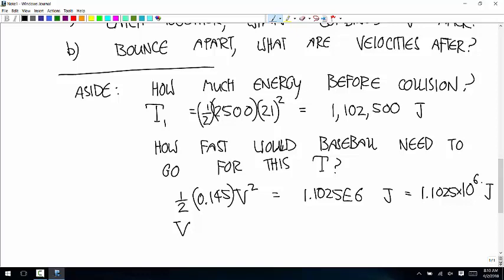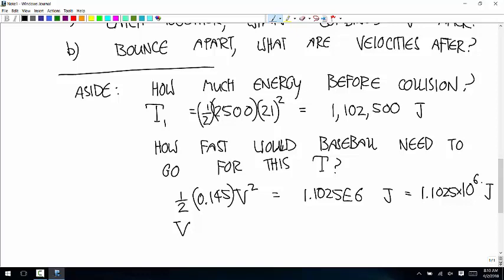Be sure that you don't confuse that with 1.1025 times e to the sixth. That's a totally different thing. Be sure you don't think of that as 1.1025 times e to the sixth power, where e is 2.71 or whatever. That's a totally different thing.